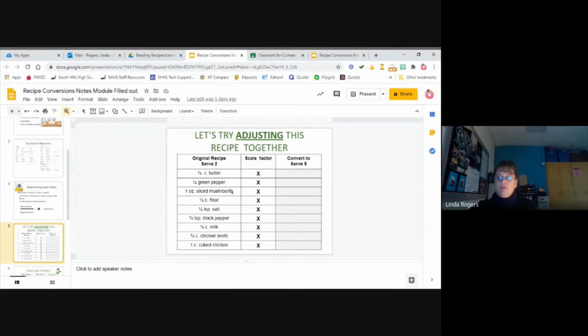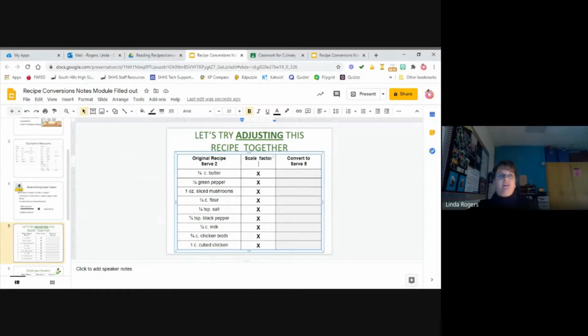Okay. Let's do this one together. So our scale factor is what we want. Our new amount is 5. So we want 5. And our original recipe serves 2. So what are we going to do? You may want your calculator, use your phone as a calculator if you need to.